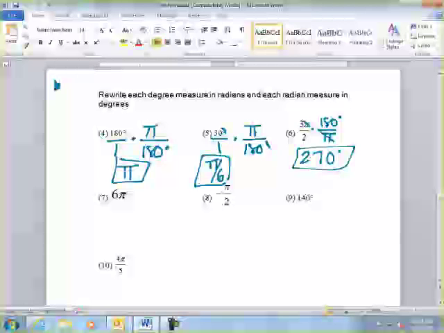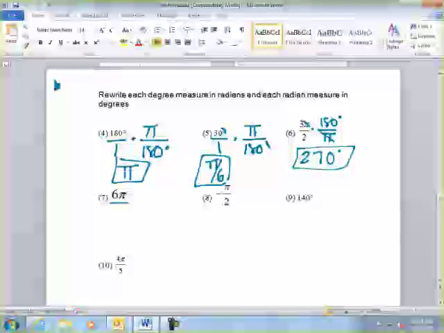Why is 270, 3 pi over 2 a special angle? It's one of our quadrant lines, right? It's the straight down on our unit circle. So those quadrant axis lines going around are important to us for the unit circle, and 270 is one of those unit circle values. So 270, 3 pi over 2 is an important angle.